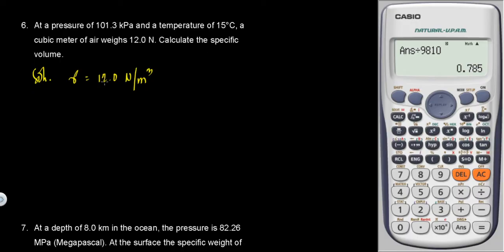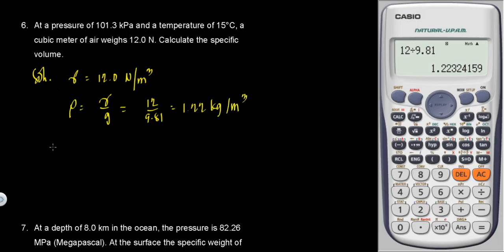For the specific volume, we first need the density. Density is equal to gamma over g, 12 over 9.81, so we have 1.22 kilogram per meter cube.